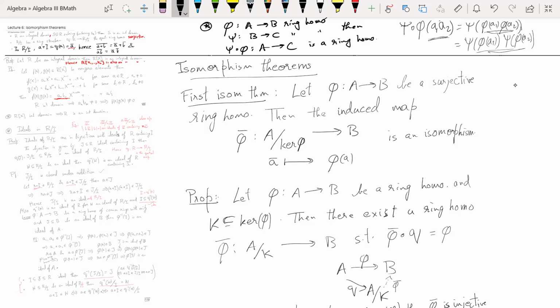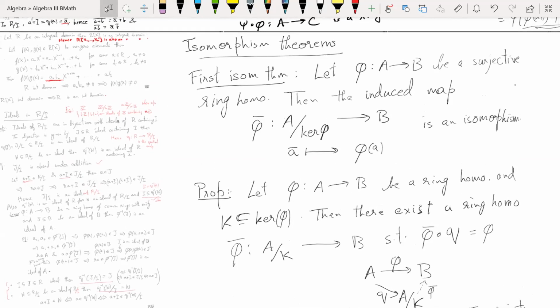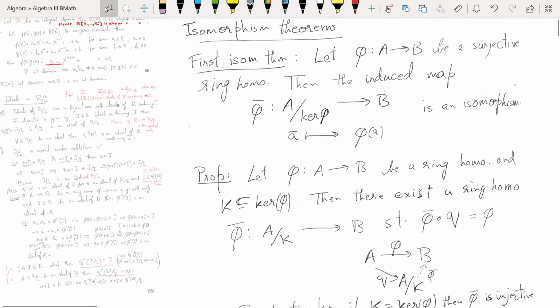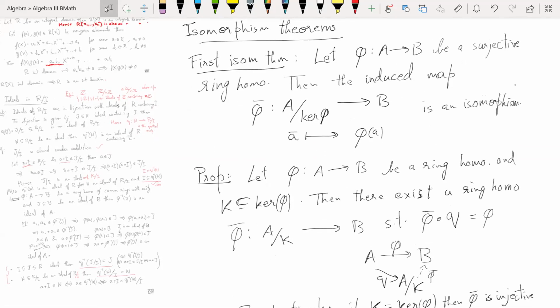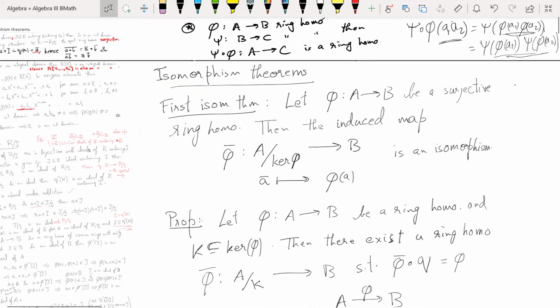Okay. So now coming to the isomorphism theorem. This is our first isomorphism theorem. Let phi from A to B be a surjective ring homomorphism.